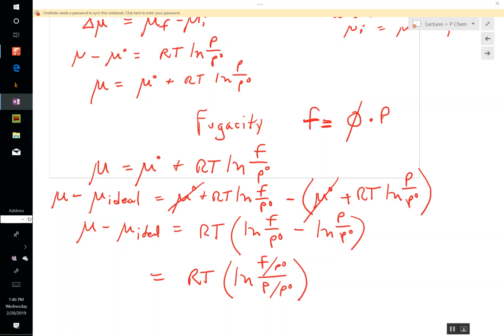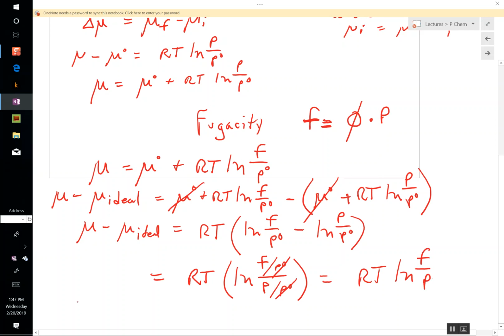If we want to add these together, we could invert those, and we'd have F over P naught, P over P naught. And that ends up being, these are crossing out, RT times ln of F over P.